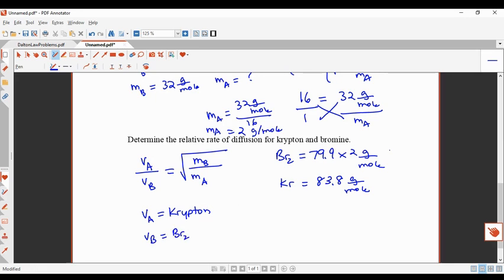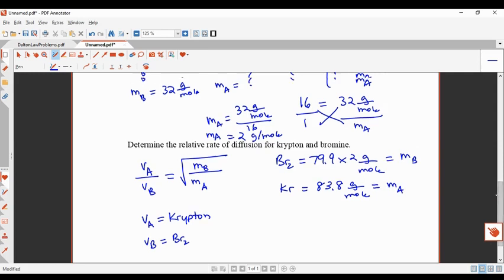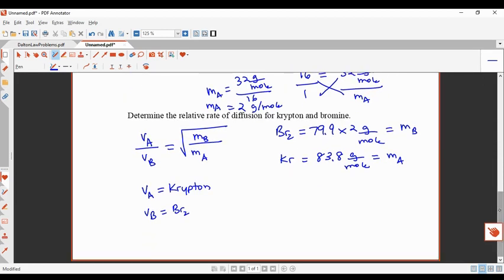This is going to be our mass of B, and this is going to be our mass of A. So we have Va over Vb is equal to the square root of 79.9 times 2 grams per mole over 83.8 grams per mole.